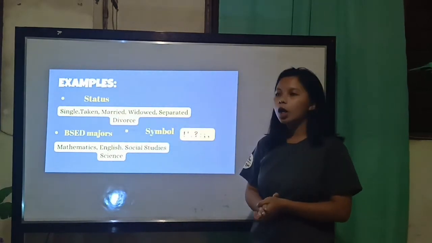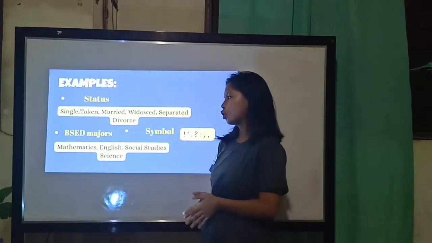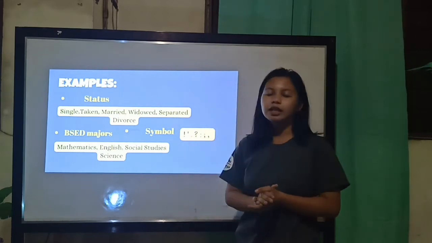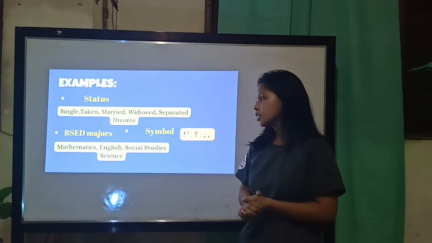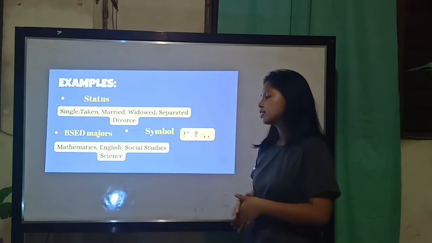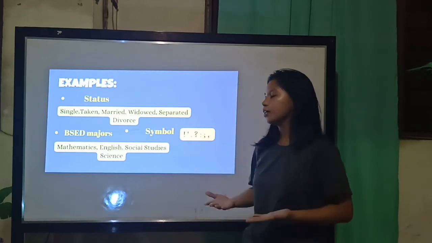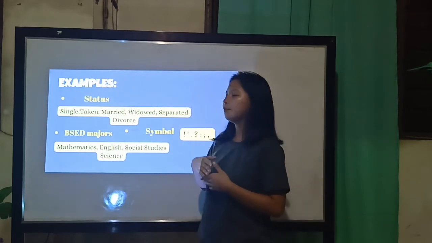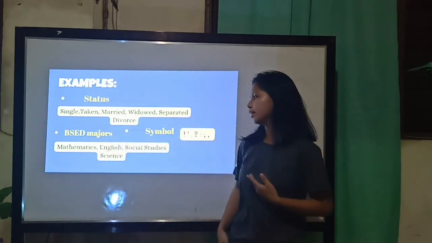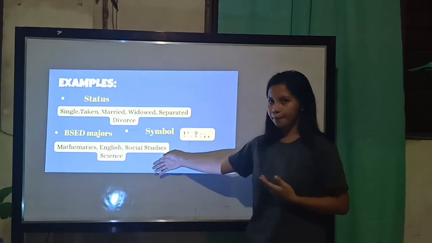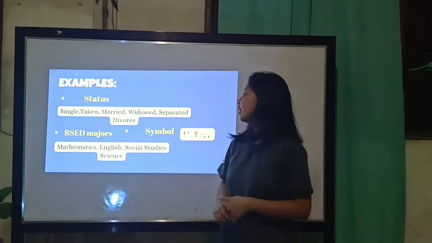Another example is BSN majors. The data will be mathematics, English, social studies, and science. Again, our variable in this example is the BSN majors and our data will be these. And the last example is symbols.